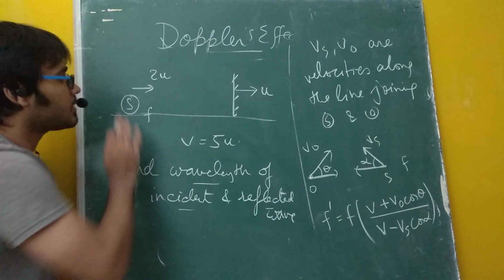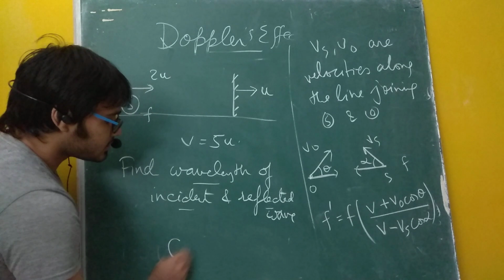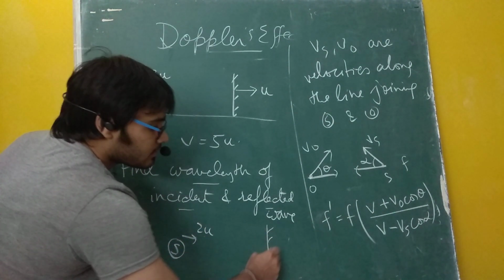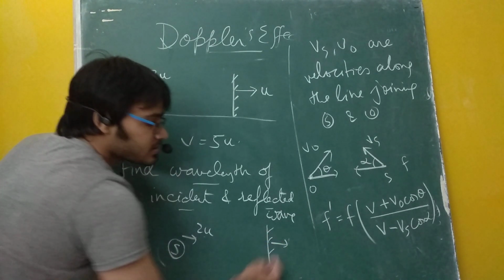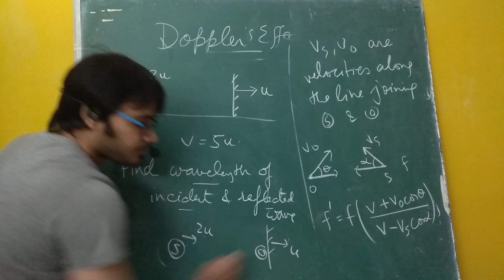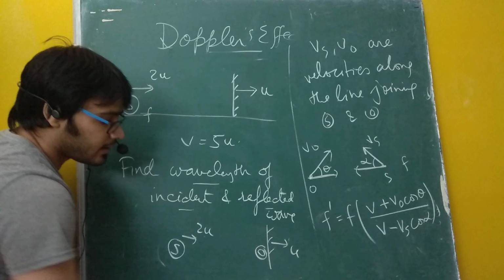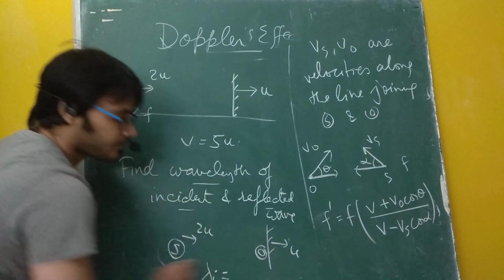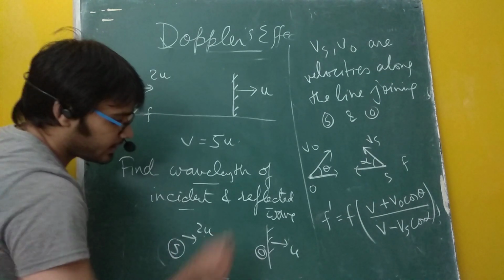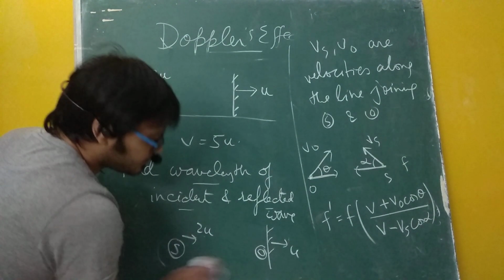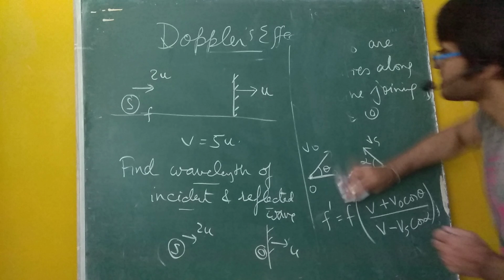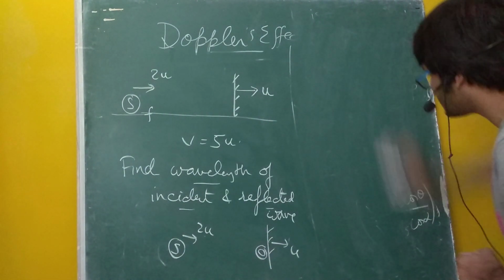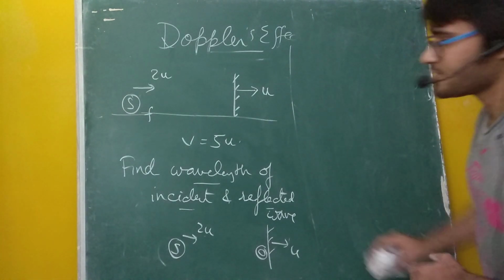Incident wave is very simple. This will be the source. It is moving with 2u, and you can assume this is the observer. So now directly you can apply this lambda of incident. I am writing lambda I. So look carefully here and remember the formula which I just told you in the previous discussion.